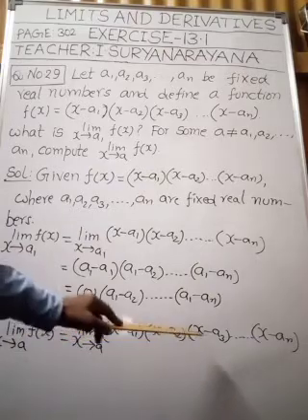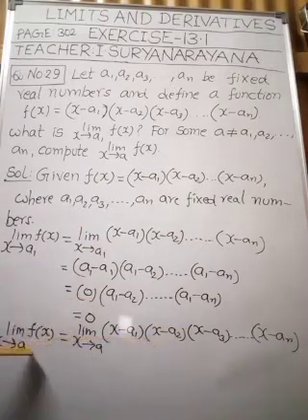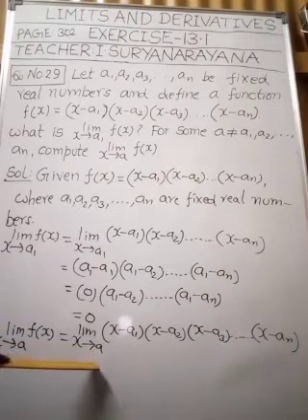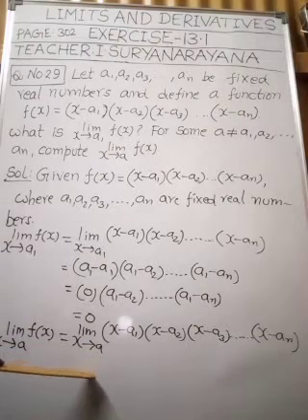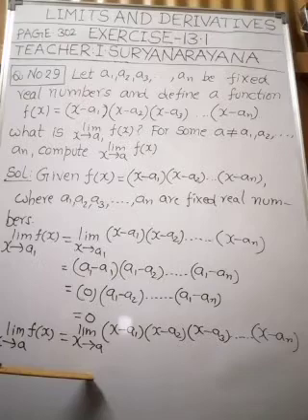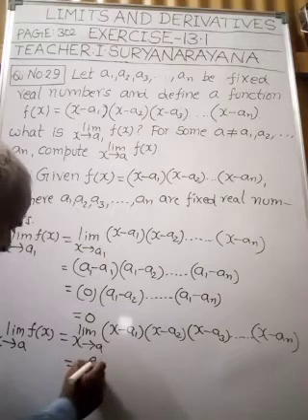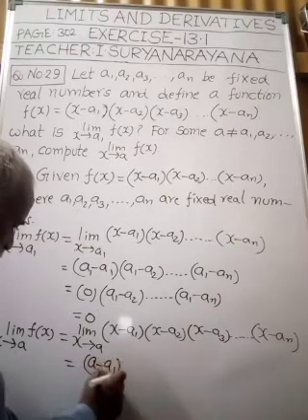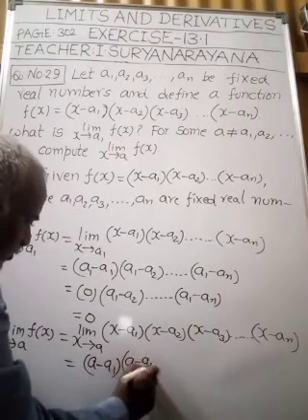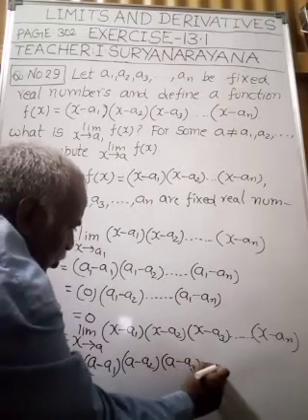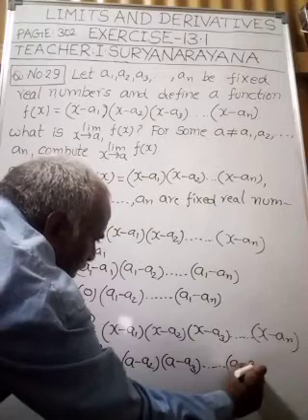I wrote here the given function f of x. We have to find the limit of this function as x is approaching a. What is the method we have to use? First and foremost method, yes, substitution method. Let us substitute: a minus a1 into a minus a2 into a minus a3 and so on into a minus an.